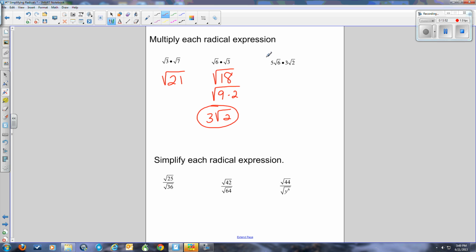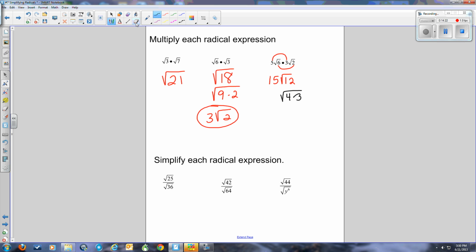Now this next one, 5 square roots of 6 times 3 square roots of 2. These are basically like coefficients, the numbers outside of the radicals, and you multiply those together. So 5 times 3 gives you 15, and then take the radicals and multiply them together. So square root of 6 times square root of 2 gives you square root of 12. Now, we can simplify the square root of 12 because that breaks down into 4 times 3.